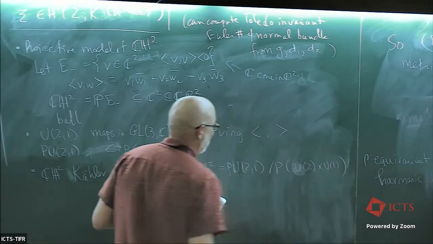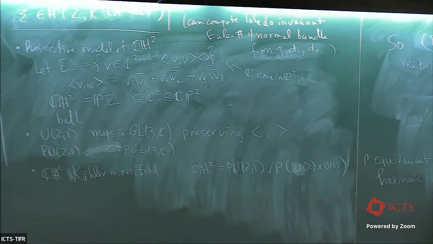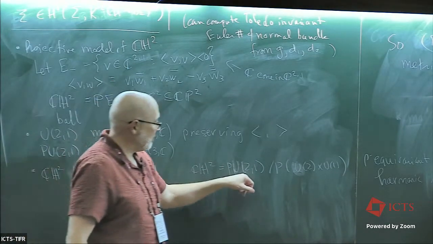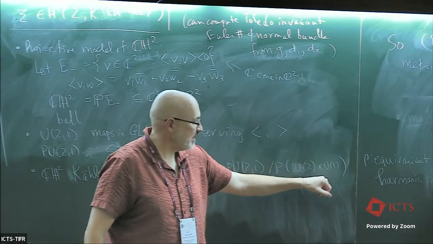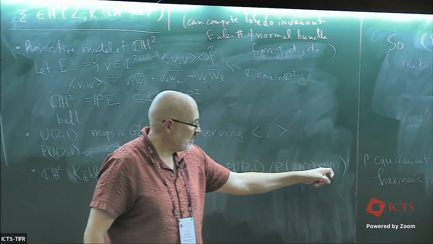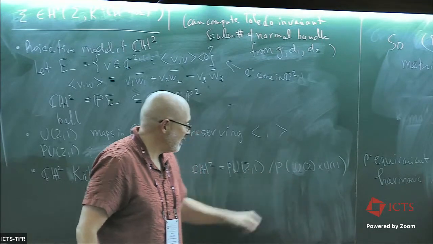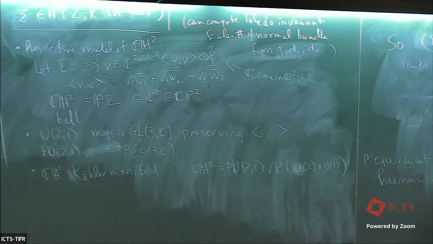Inside of U(2,1), a maximal compact is going to be U(2) cross U(1). You can projectivize that. Sometimes people projectivize this away automatically, but I think that can be a little bit confusing in the notation, so I'm not going to do this.